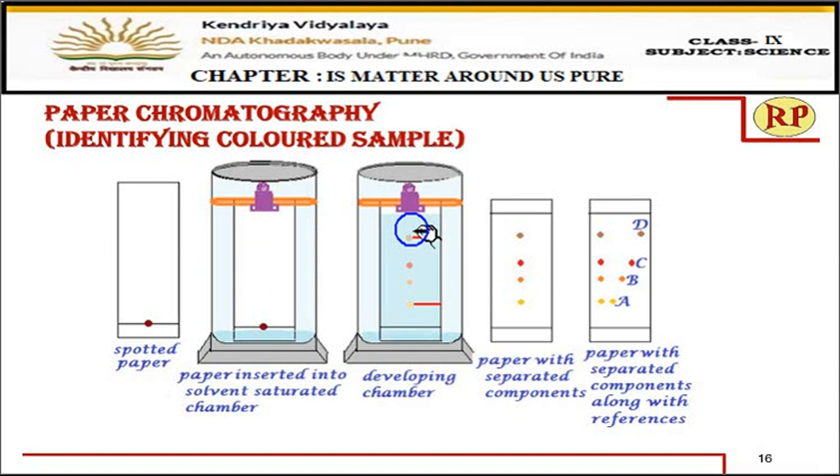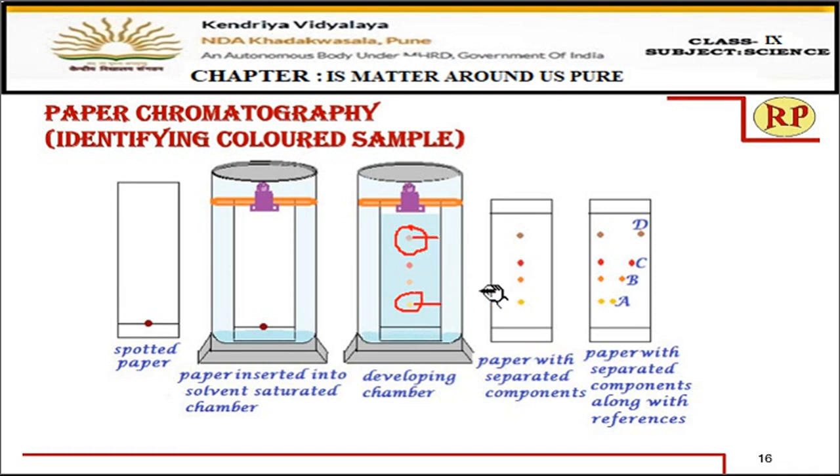Because this component has moved up to this height, that means it is more soluble in water. This has reached only up to this low height because it is less soluble in water. So the more soluble component will move along with the solvent up to a great height, and the less soluble one will move up to lower heights. In this way the components can be separated.